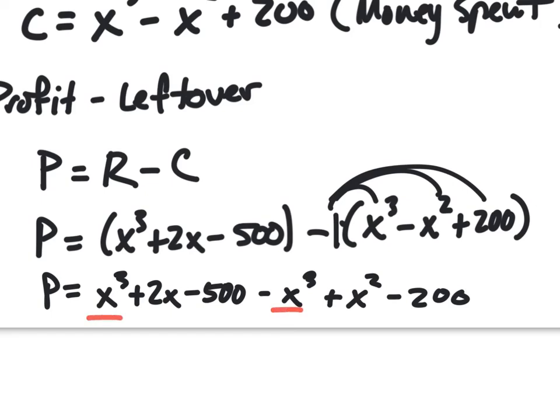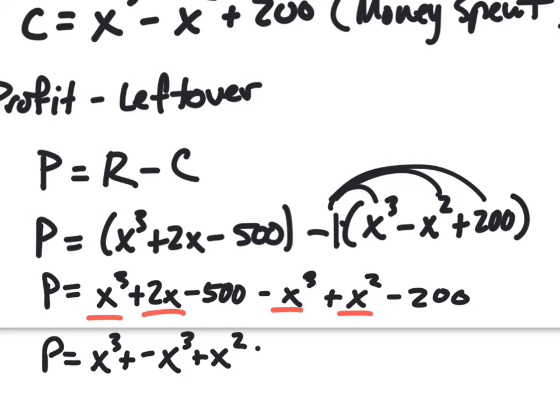So let's combine our x cubes. So profit is equal to x cubed plus negative x cubed. Then I'm just going to put a plus x squared there. I just have one term with a 2x, so I'm going to put a plus 2x here. And then I've got a negative 500 and negative 200, so I'm going to do a plus negative 500 and then plus negative 200.